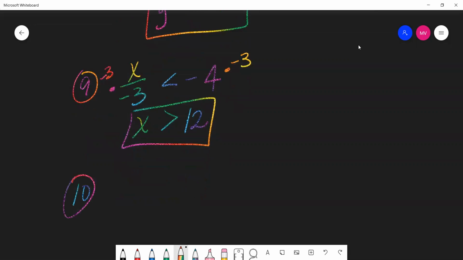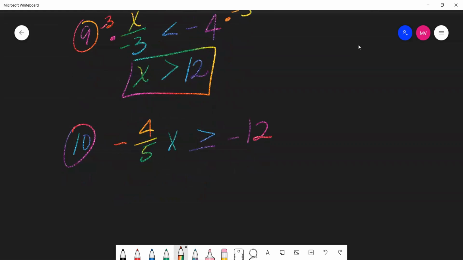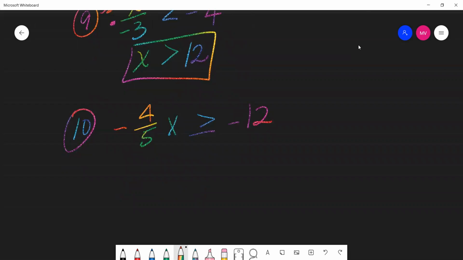All right, last one, Gabe. -4/5 x is greater than or equal to -12. Right, but it's a fraction. So we're multiplying and dividing. So there are 2 ways you could see this.